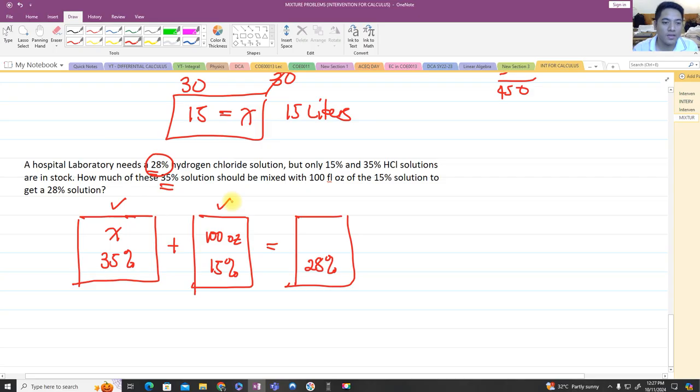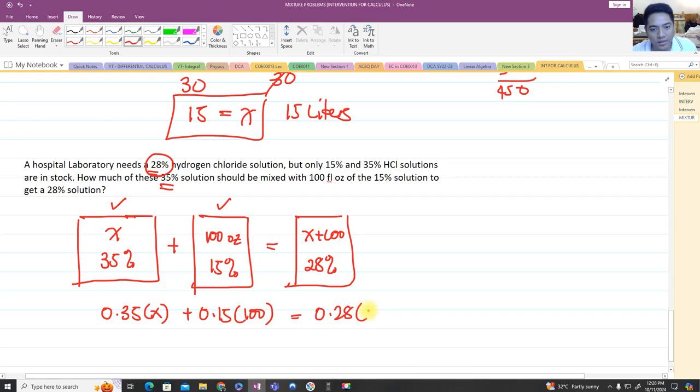So definitely, the amount of the 28% solution would be x plus 100. So you have 0.35 times x plus 0.15 times 100, and then we have 0.28 times x plus 100. Okay, so we can multiply it by 100.